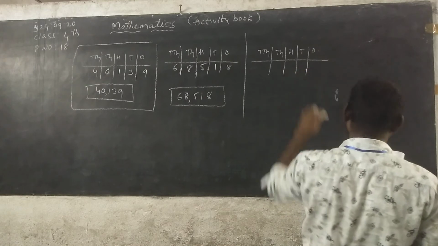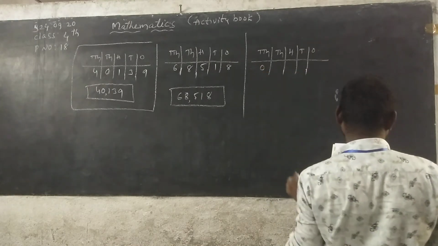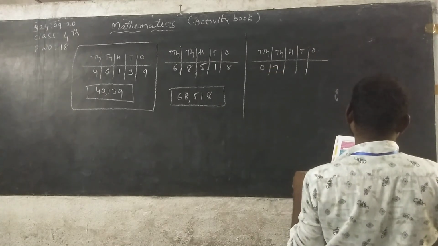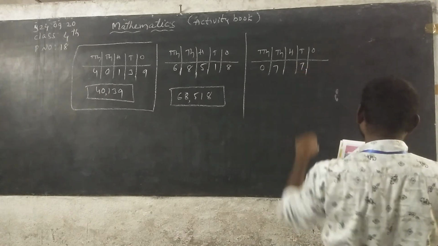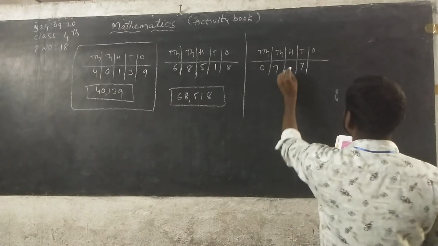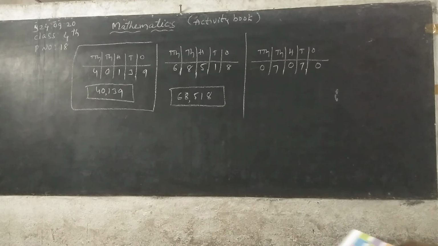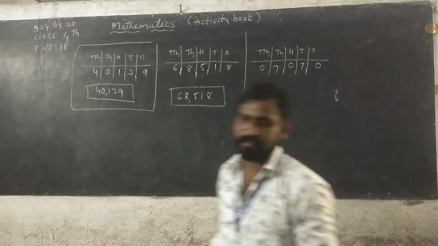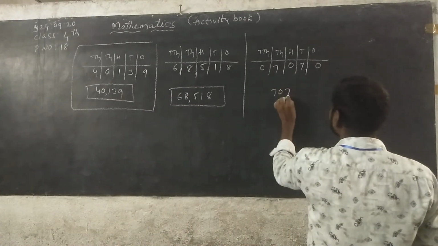See here. 0 in 10,000's place, 7 in thousands place, 7 in tens place also. 0 in hundreds place and ones place. See what is the number? In 10,000's place 0 is there, it is not valued. So the answer is 7,070.